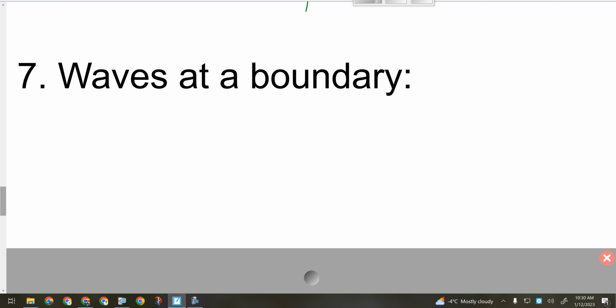If it's going into a faster medium, the reflection will be upright or inverted? Upright. If it's going into a faster medium, that's easy. It goes in easily. Very little energy gets reflected back, and it gets reflected back upright. If it's going into a more dense medium, that's harder. It's more difficult to cross the boundary. The reflection is inverted. Everyone following me there?